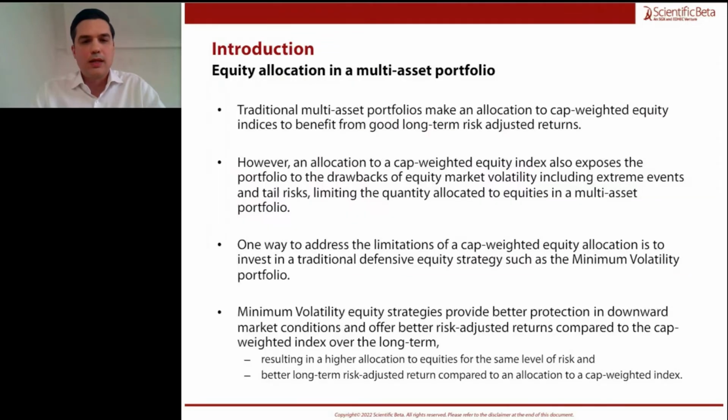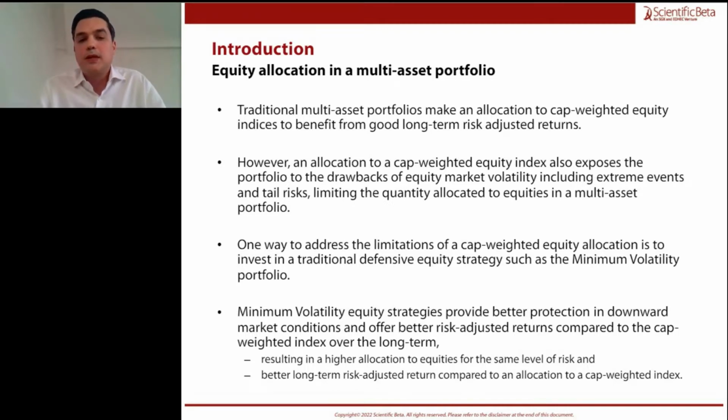So, as an introduction, we know that traditional multi-asset portfolios allocate to equity returns as a way to benefit from the equity premium and earn good long-term risk-adjusted returns. However, the traditional allocation to cap-weighted equity exposes investors to the drawbacks of equity market volatility, and this includes extreme events and tail risks.